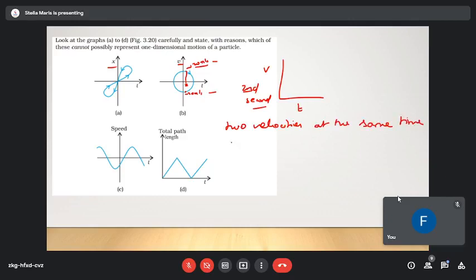Not only this instant, even at 3 seconds and so on, it has two velocities simultaneously, parallelly, at the same instant. So you understood or not? Is it clear? Understood, sir.